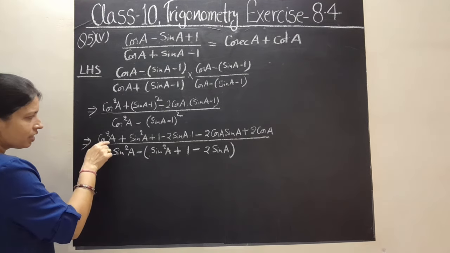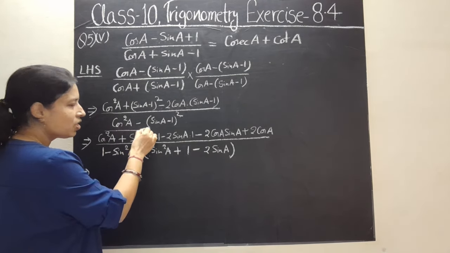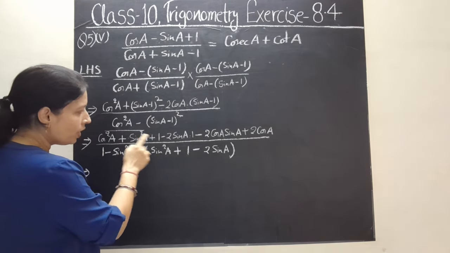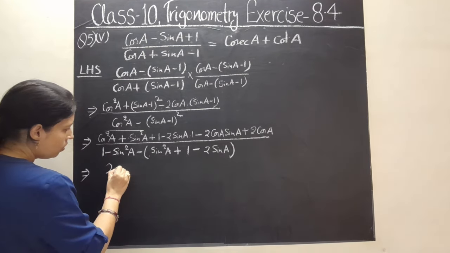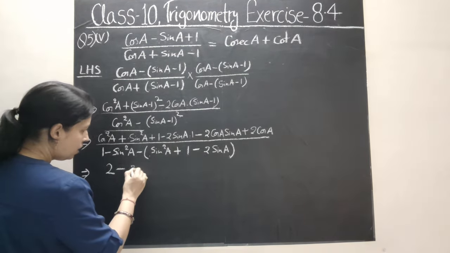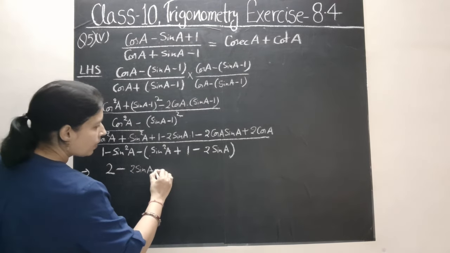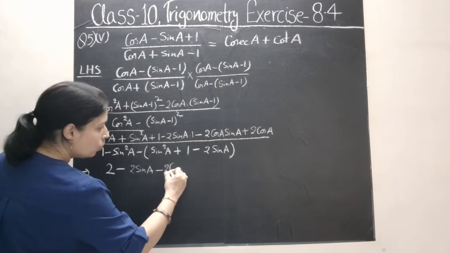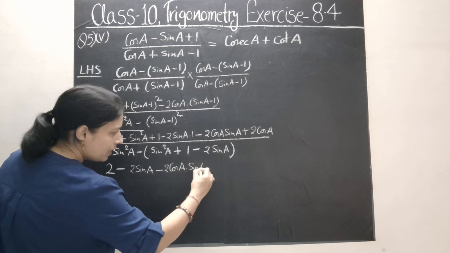Here you can see that cos square a plus sin square a is equal to 1. 1 plus 1 will be 2. So write here 2 minus 2 sin a minus, write 2 cos a into sin a.